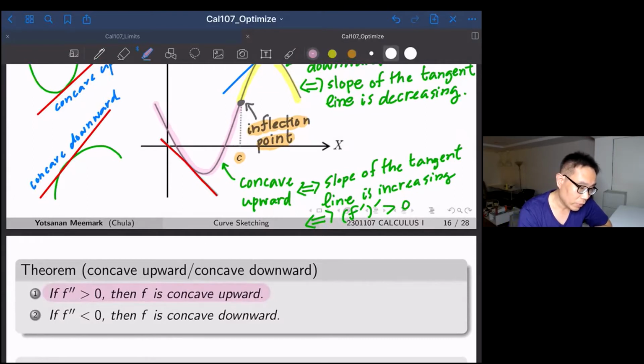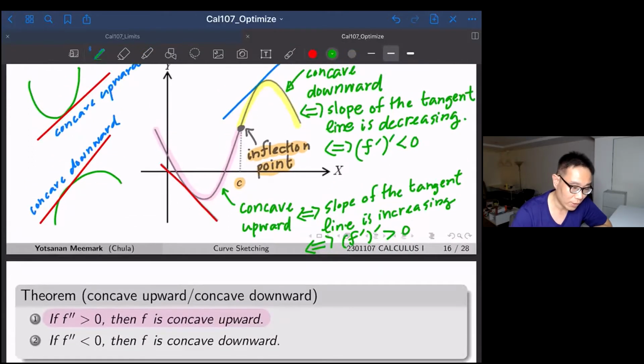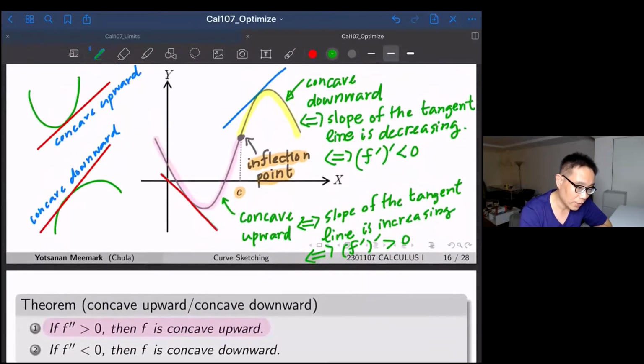When you are in the case of concave down, when you differentiate the derivative, it's going to turn out to be negative. So you are in the yellow case. When you are in the yellow case, you conclude that if the second derivative of f is negative, then f is concave down.